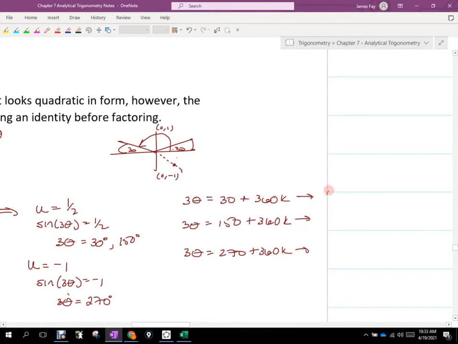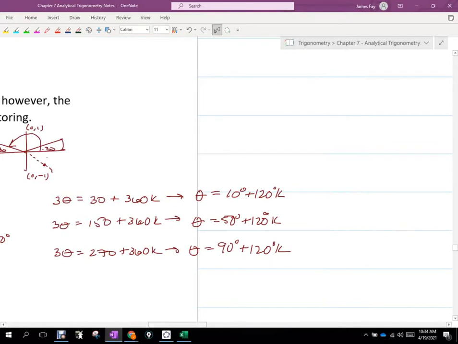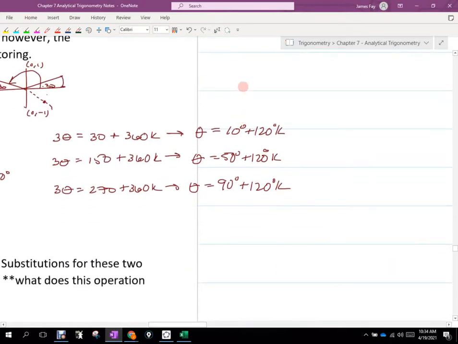And then if I solve for theta by dividing by 3, all the way through all of those, I get 10 degrees plus 120k, 50 degrees plus 120k, and 90 degrees plus 120k. Is everybody all right with that? Those are your infinite solutions, when k is an integer.